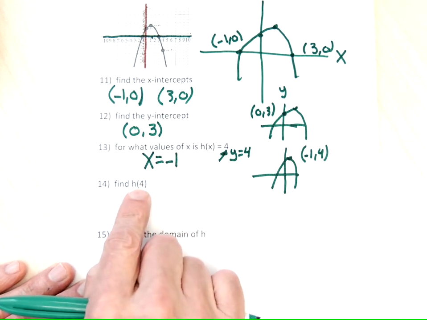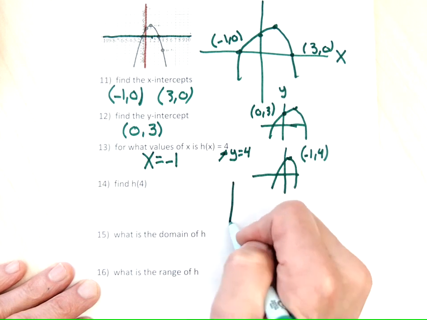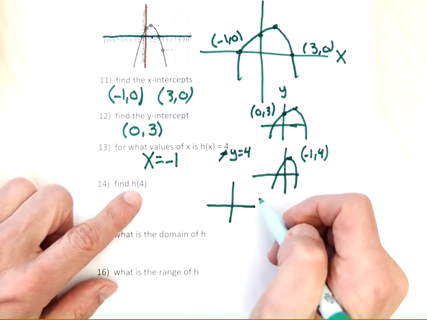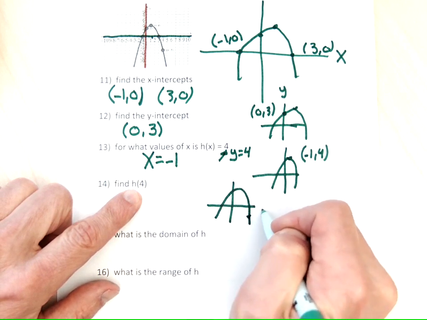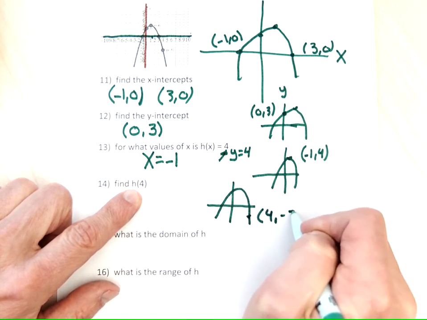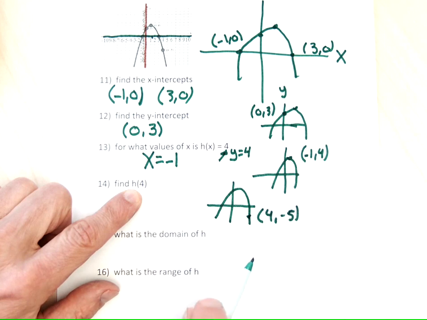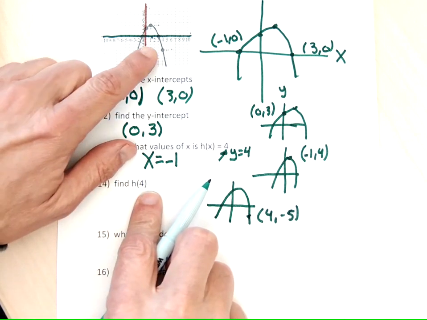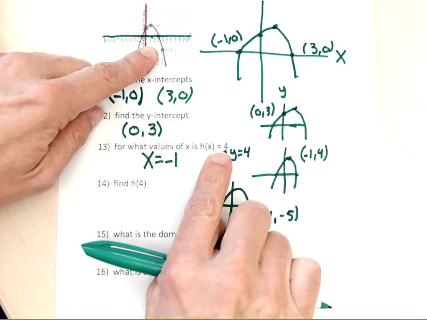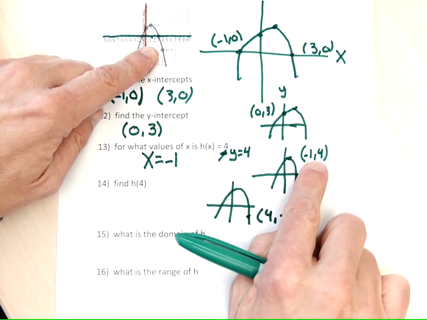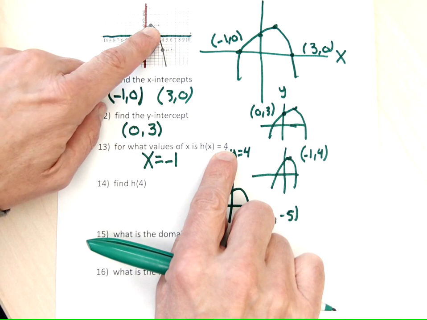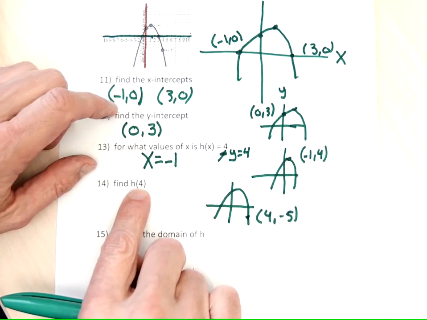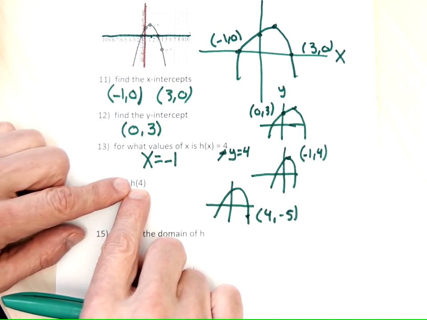Problem 14 is calling out a point, and it gives me function notation again, but the number that's given to me is in parentheses, and numbers inside parentheses represent x's. So while problem 13 was calling out the point -1, 4 because it's asking me to find the x coordinate of any point that has a y equal to 4, problem 14 is asking me to find the y coordinate of any point that has an x equal to 4.